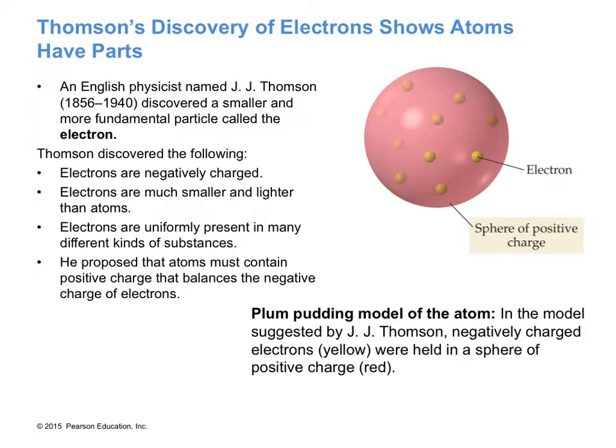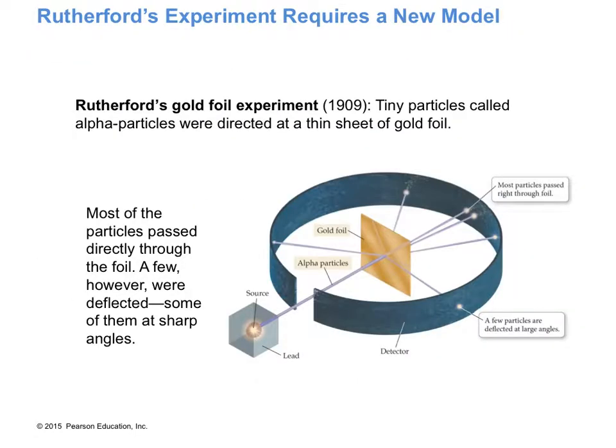Next came along Rutherford. I want to explain this. This is what it looked like, but I'm going to explain. He used gold. It was an expensive experiment even back then. And gold, one of the properties is you can make gold foil, like make it really, really thin.